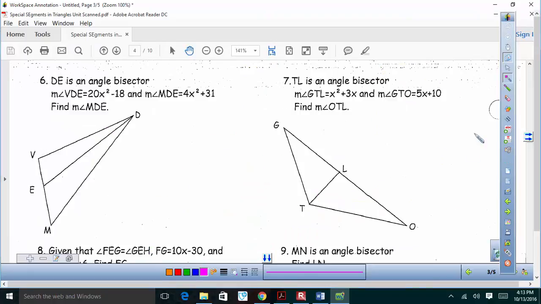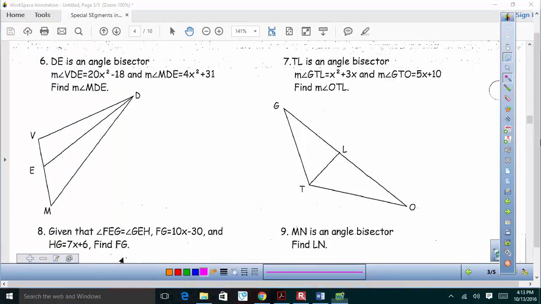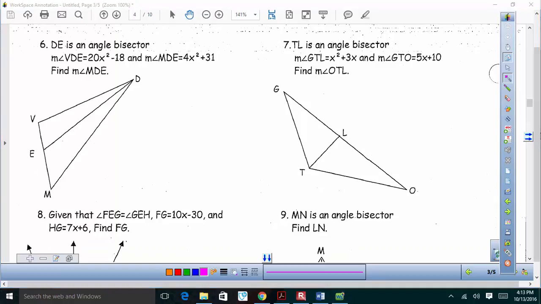Now flip to the back and let's look at 7. Okay, so in number 7, it tells me that TL is an angle bisector. So TL is this line right here, which means this angle and this angle are congruent.